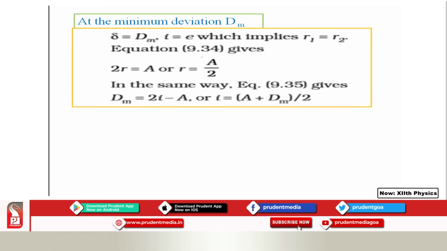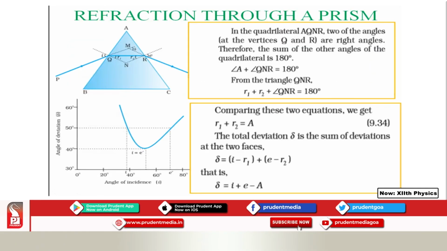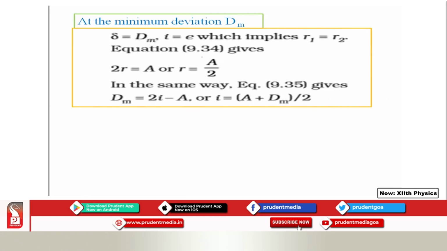So, if these two are equal, I can say twice R equals A, or R equals A by 2. In the same way, I can get delta m as twice I minus A. Why twice I? That is because I equals E, so it will be I plus I, twice I. So, twice I minus A equals delta m, that is, I equals A plus delta m by 2.